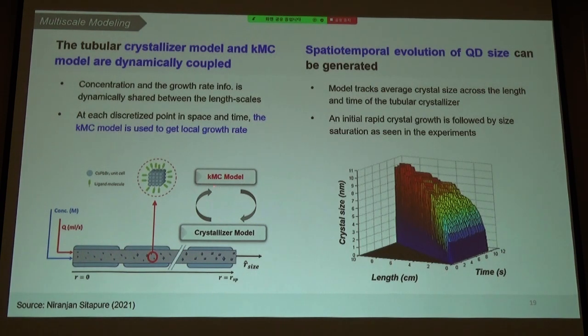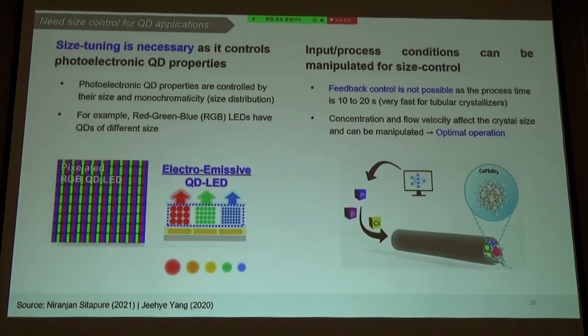We integrated the kinetic simulation so that we can describe not only the concentration and temperature profile along the tubular reactor, but also how each crystal, as well as the surface of the crystals, changes over time. If you take a look at this crystal size distribution along the tubular reactor length, as well as time, this is the profile that we obtained.